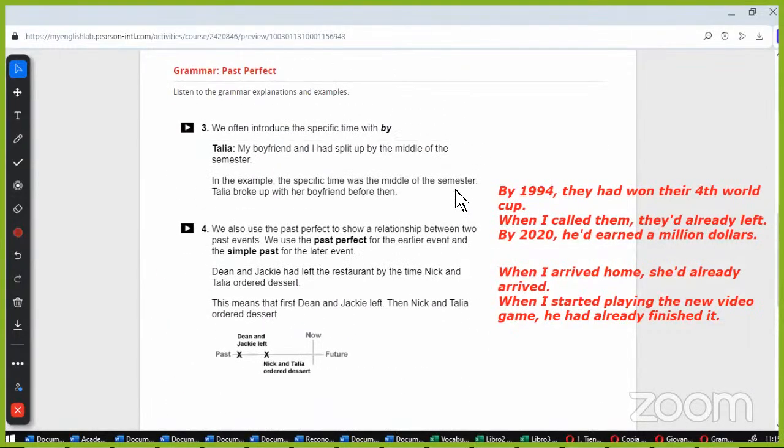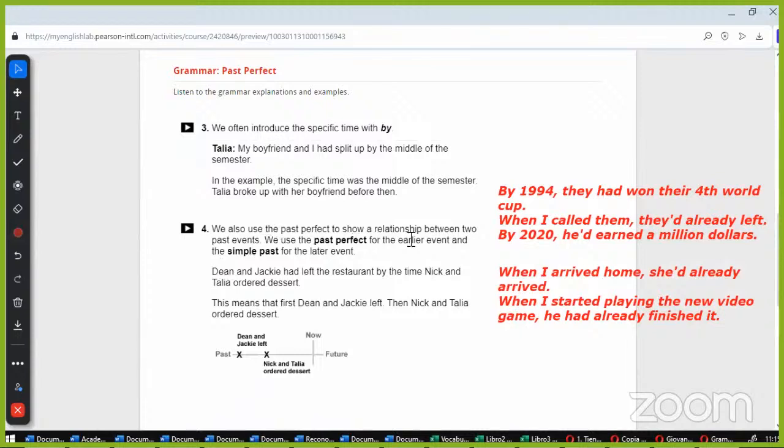You can introduce a specific time with by, like here, by 1994, by the middle of the semester, by 2020, and before that, you can use the past perfect. And we also use the past perfect to show the relationship between two events.